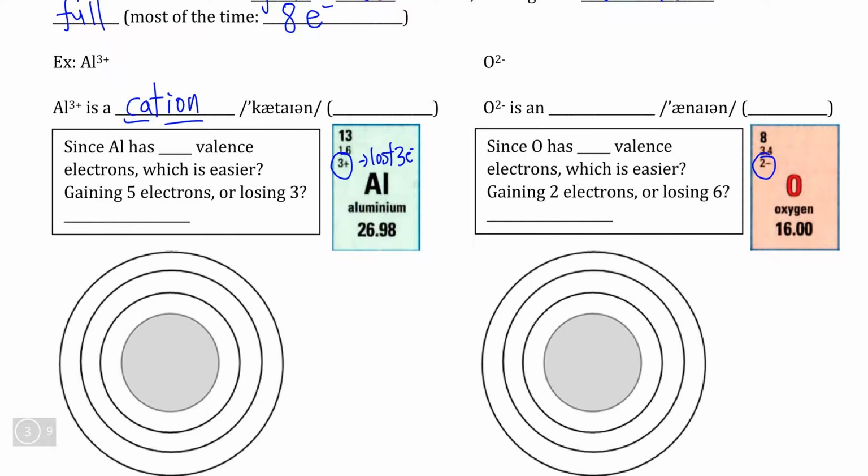Cation meaning that it is a positively charged ion. Now, for oxygen, we see that its charge is negative 2, which means that oxygen has gained 2 electrons, and that makes oxygen as an ion an anion, meaning a negatively charged atom.